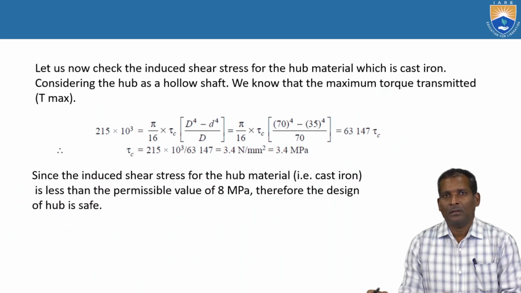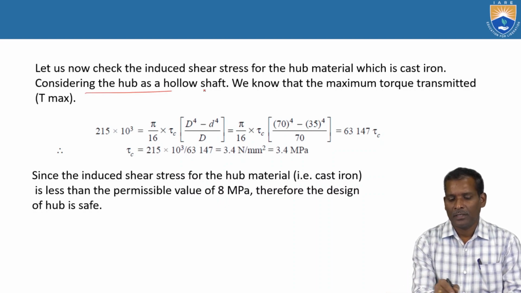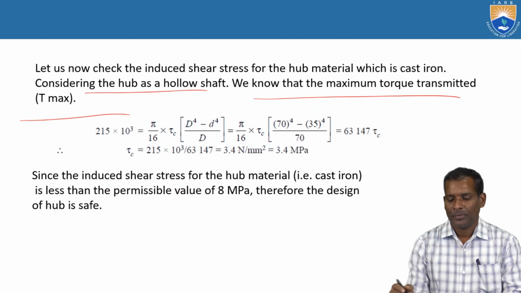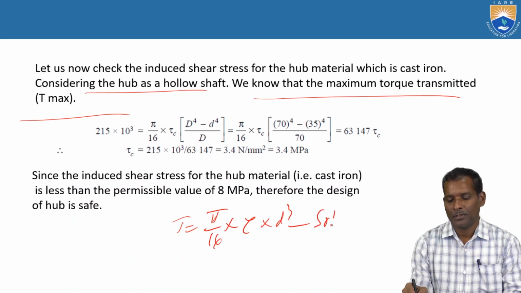So now let us check the induced shear stress for the hub material, which is cast iron. Considering the hub as a hollow shaft, having an inner diameter and an outer diameter, take the maximum torque transmitted equation. T is equal to π/16 × shear stress × d³ for a solid shaft having only one diameter.